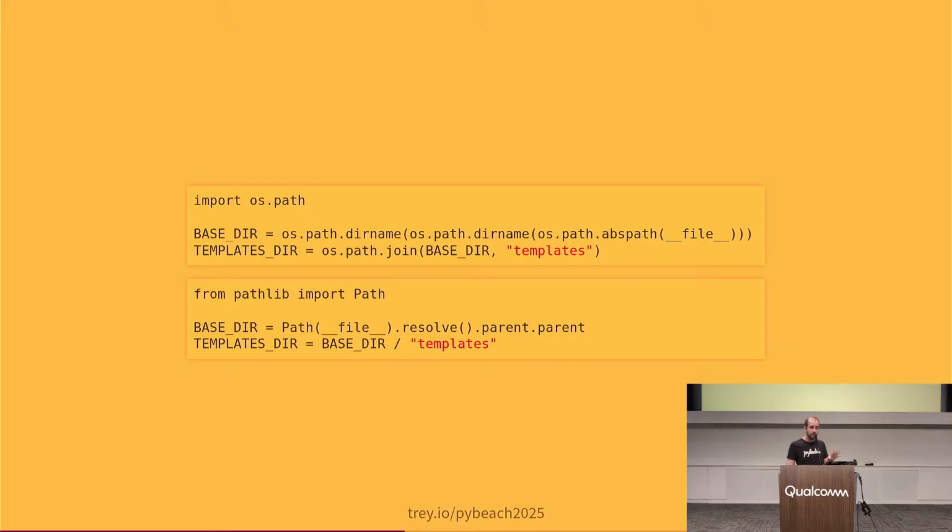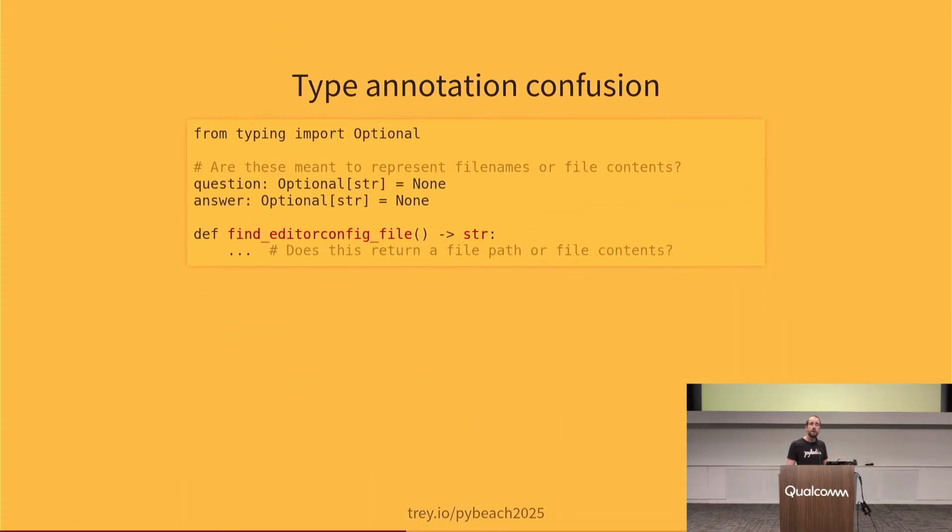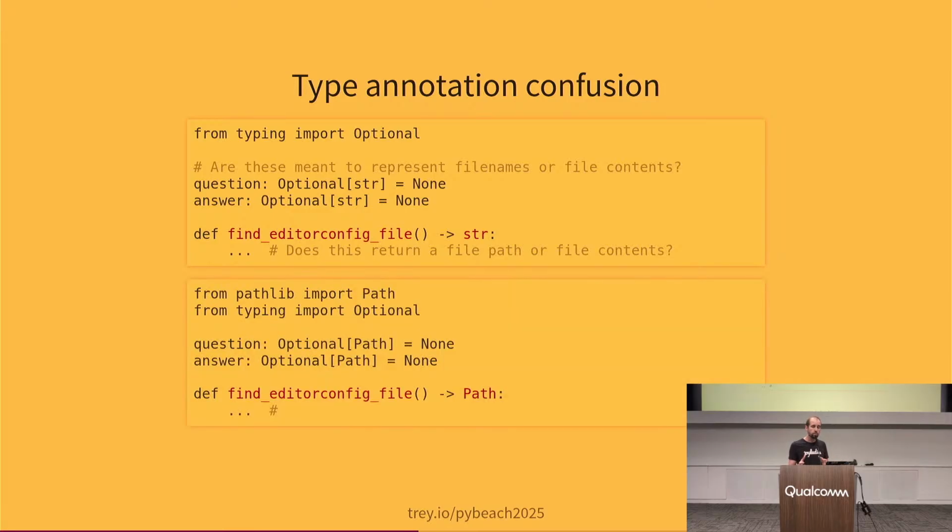Now, we'll address the differences between these two coding styles in a moment, but I would like to acknowledge first the fact that using path objects instead of strings makes it easier to distinguish file names and any other string in our code. If your code uses type annotations, a file path might look just like any other string, which can make it harder to catch path-related bugs, and it can make it harder to reason about your code.